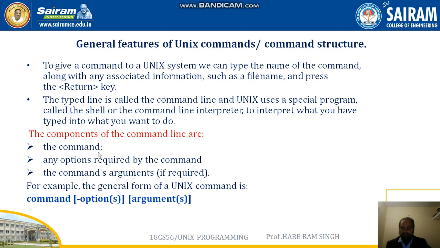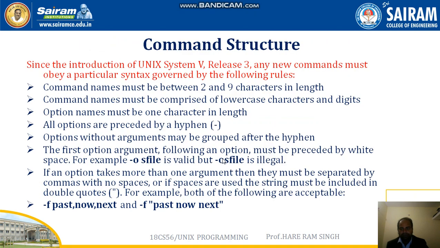The components of a command line are: first, the command which you have typed; second, the options required by the command, based on what you want; and third, the command argument. It means that on which argument or file you want to execute that particular command also needs to be written in the command line.